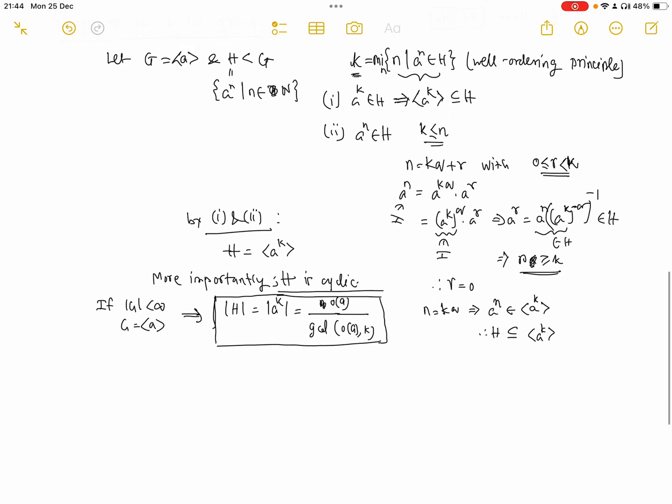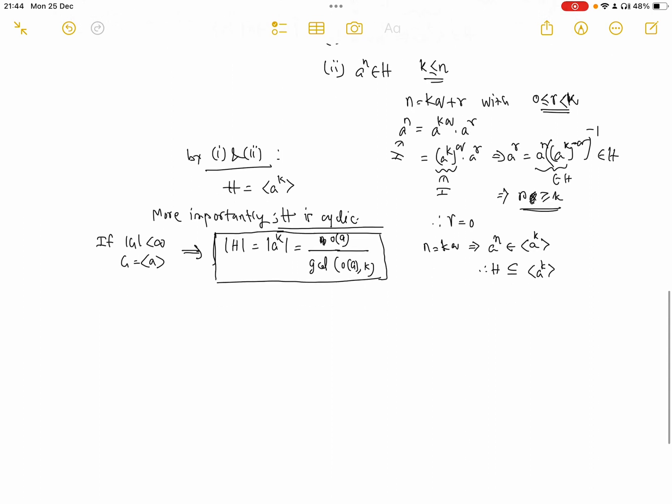And so now remember, I asked a question in one of my previous videos: by Lagrange's theorem we know that the order of a subgroup must divide the order of the group, but whether the converse is true or not, that is, given any divisor of the order of a finite group, can you find a subgroup of that order? I will talk about this question in later videos more generally, but here let's see, at least we can figure something out about cyclic groups.